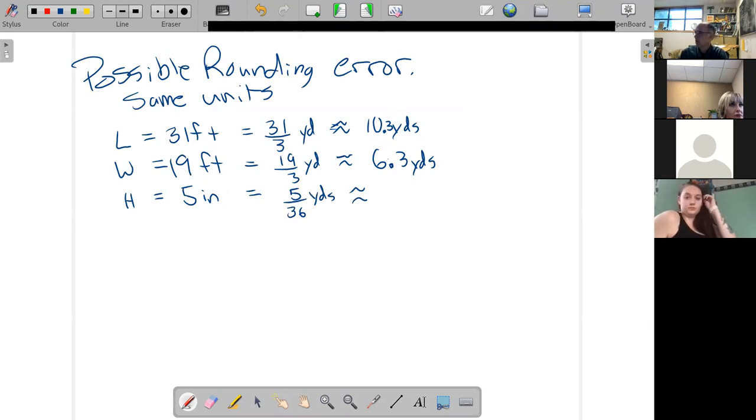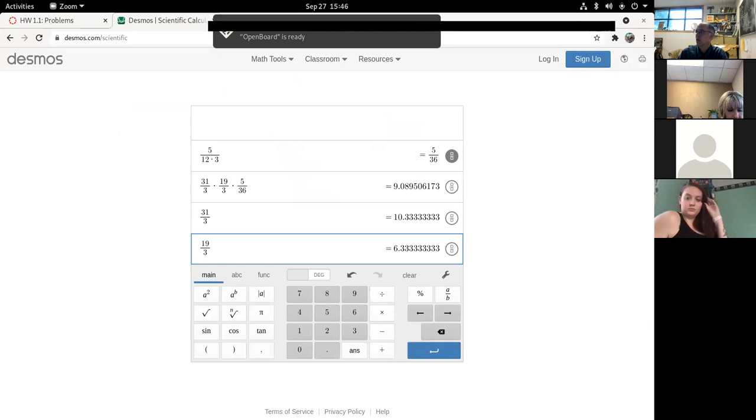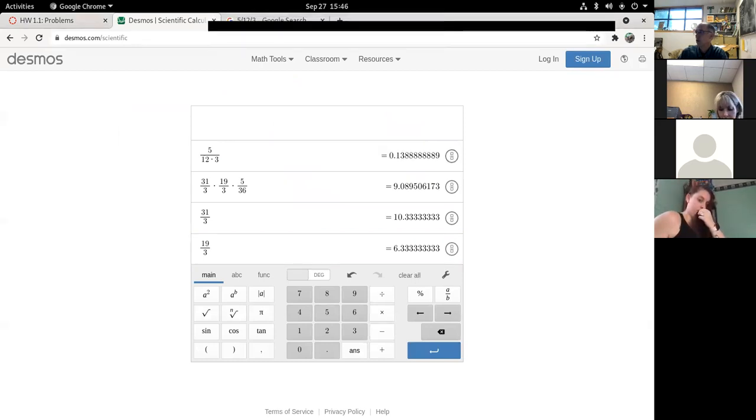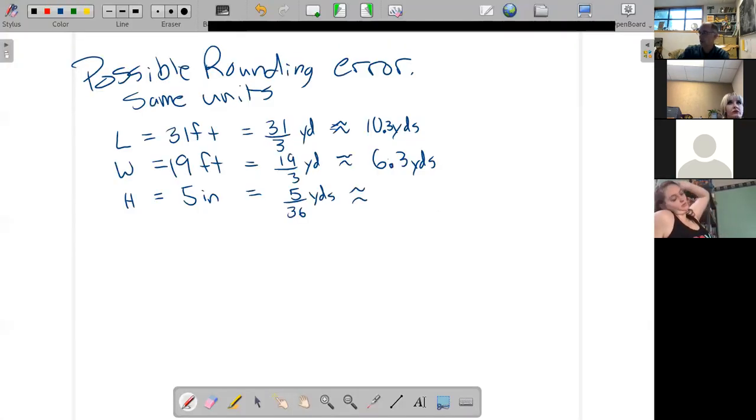And I think we already have that on the calculator. So if we stuck with 1 decimal place like the other, that would be 0.1 yards.